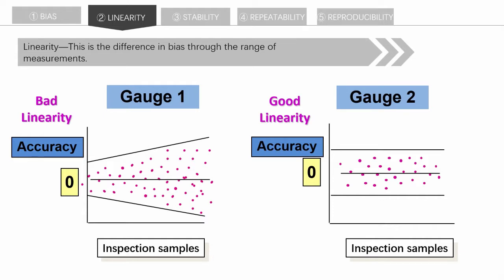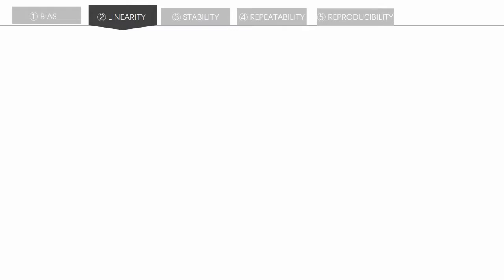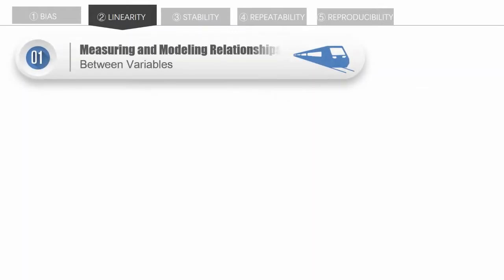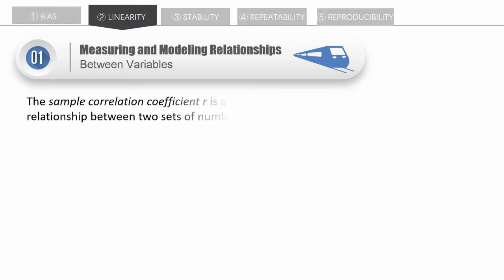If you know that this balance only has a linear relationship, then for the measurement range from 10 gram to 100 gram, you can add a constant linear bias to get the actual measurement data. And in order to make this much clearer, we are going to talk about the measuring and modeling relationship between the variables.